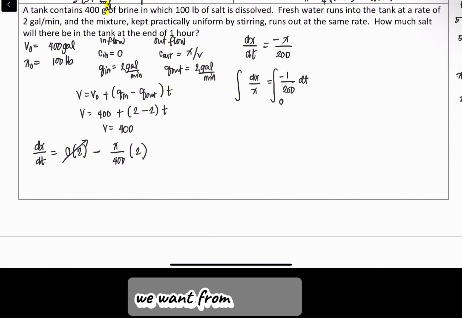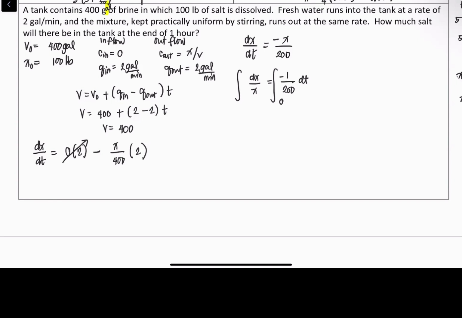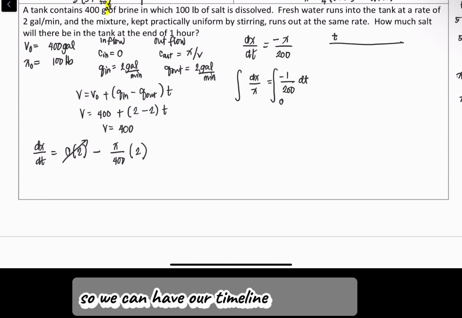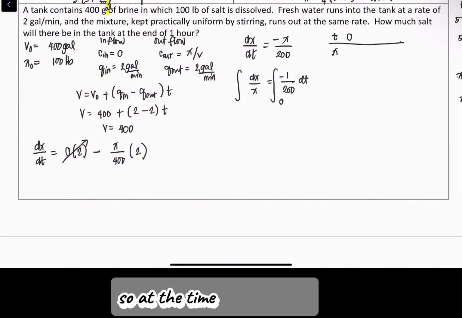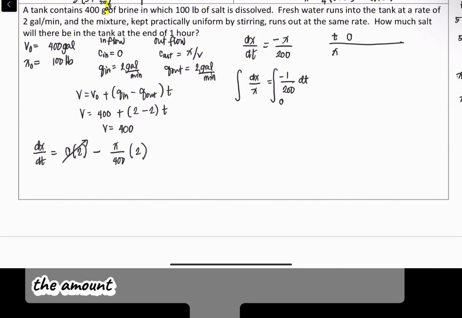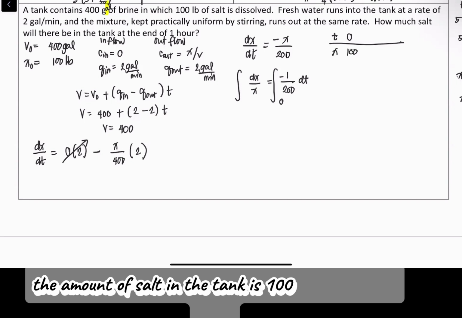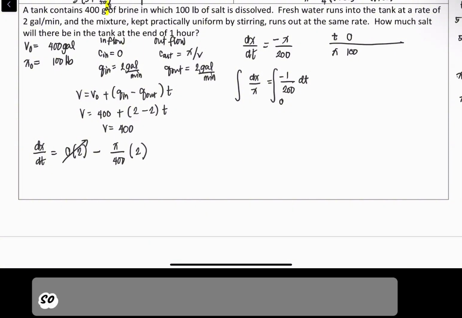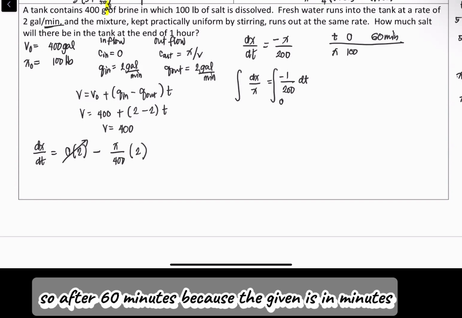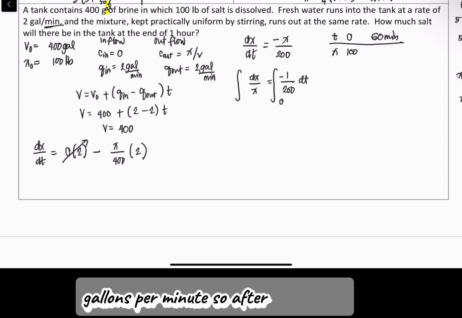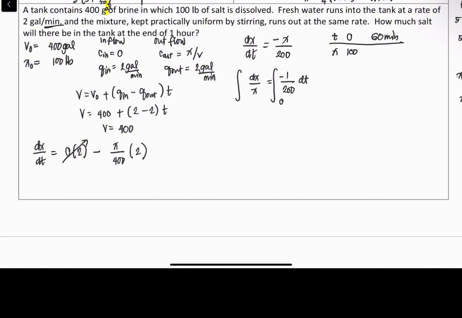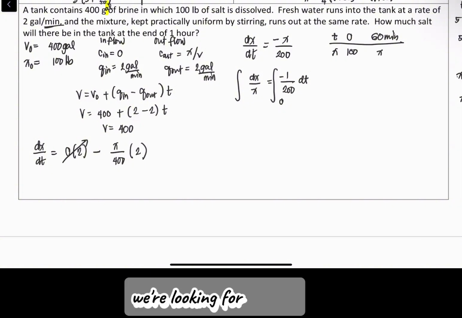We want from time 0. So we can have our timeline for t and x. At time t equal to 0, the amount of salt in the tank is 100 pounds. After 1 hour, so after 60 minutes, because the given is in minutes, gallons per minute, we're looking for x of 60.